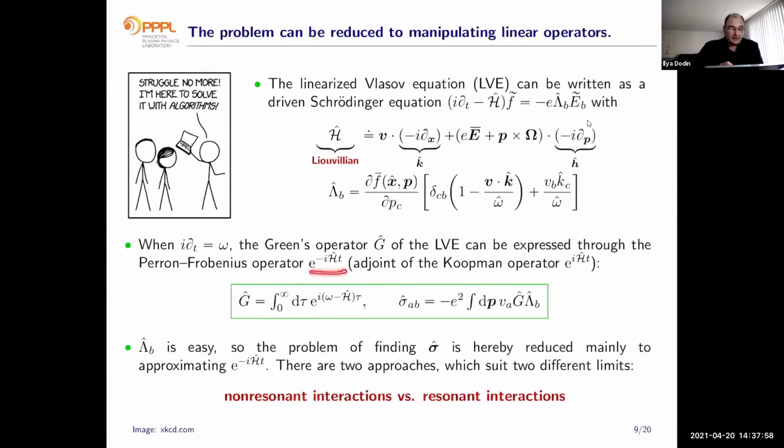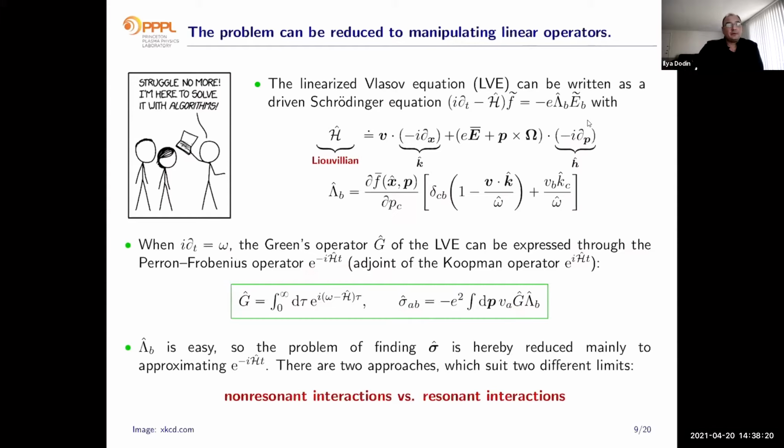And this operator is actually the Perron-Frobenius operator. And again, the conductivity operator will be expressed through the Green's operator and this lambda, which is not really interesting. So it all comes down to calculating this exponent.